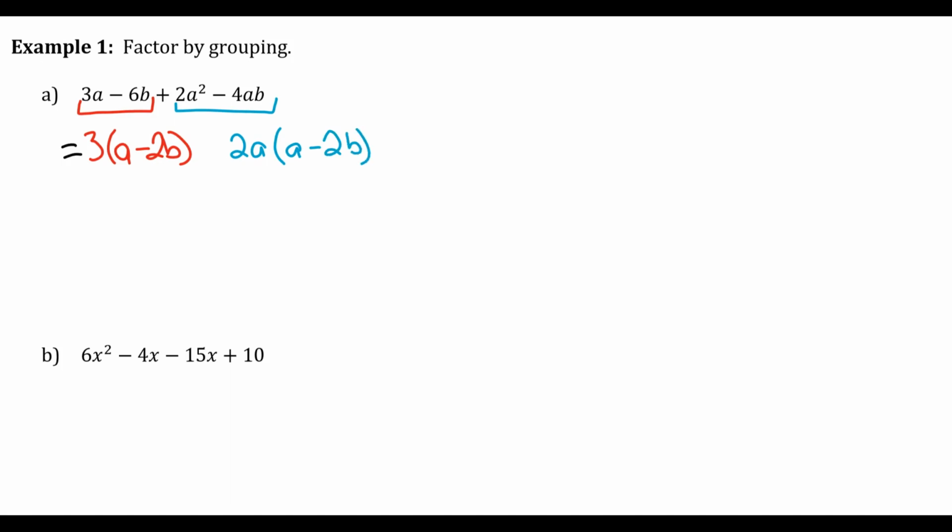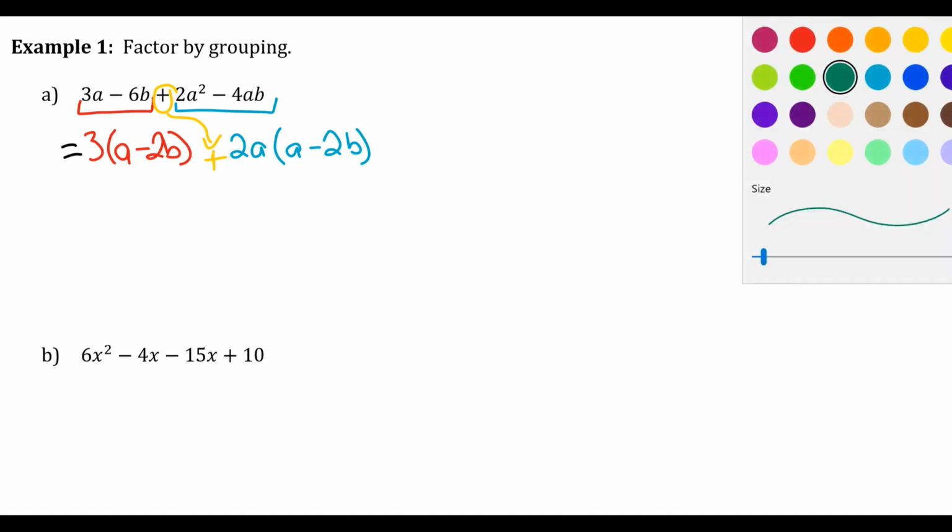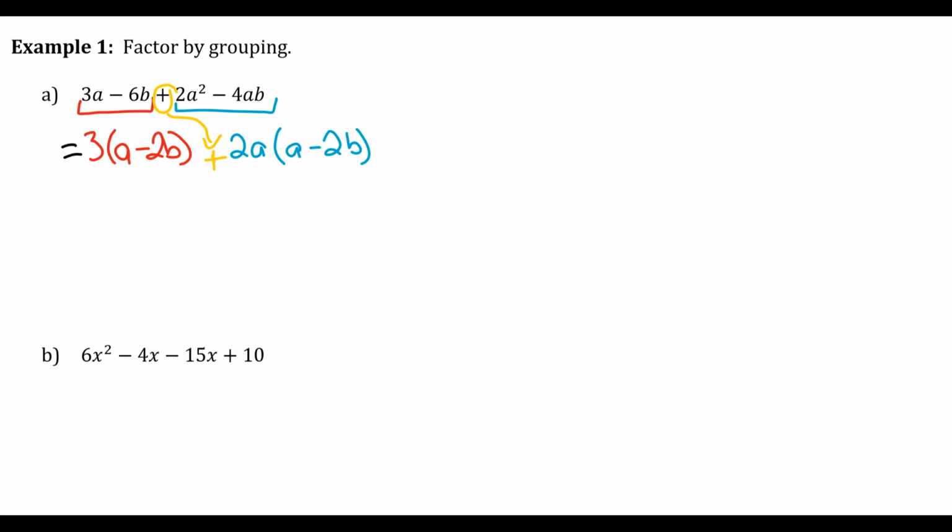Now notice I don't have a sign right here. What's going to happen is you're always going to factor out this sign. So sometimes we may have to make adjustments here, but always take the sign of the leading coefficient of the second set of terms.